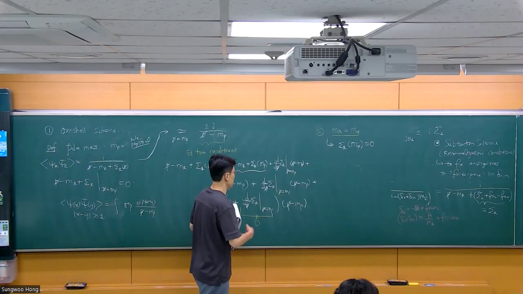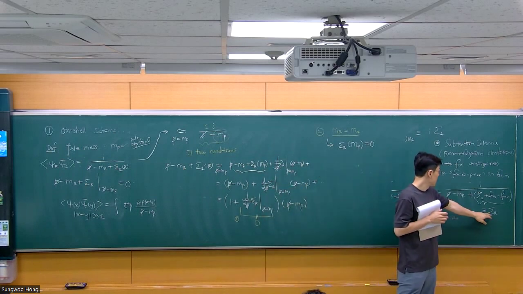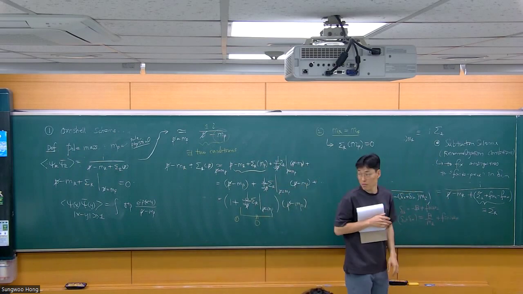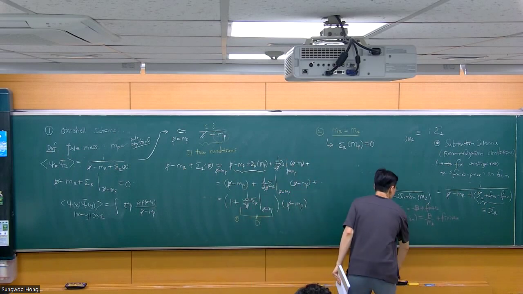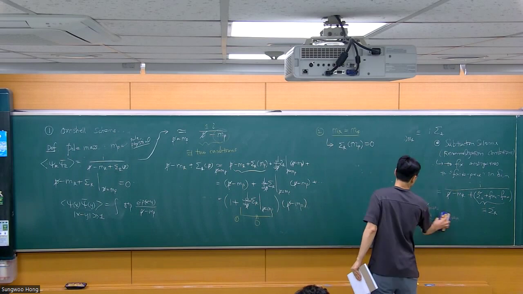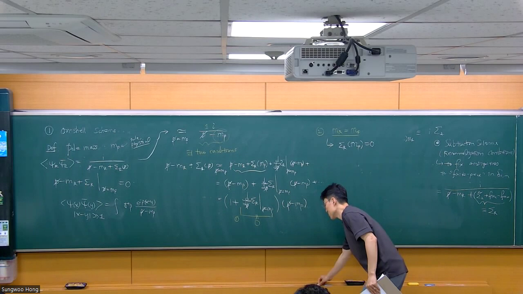You should be able to re-express these two conditions not in terms of sigma R, but in terms of the original sigma. I erased it, so let me mention it.